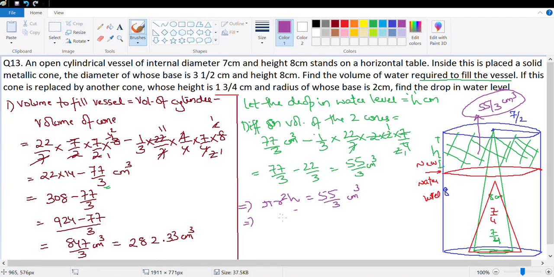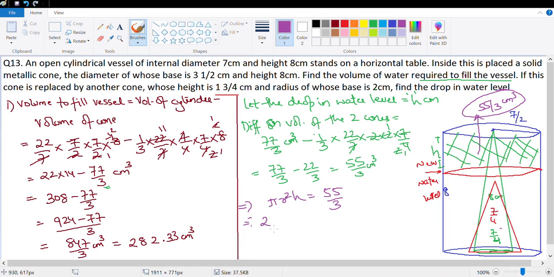Okay, so pi r square h is equal to 55 upon 3. 22 upon 7 into r is 2 into 2 into h is equal to, that's the mistake. R is not of this cone, R is of the cylinder. That's the mistake. Yeah, too many radius, so I got confused. So let's just check. The R is of the cylinder, so pi r square h is equal to 55 upon 3.